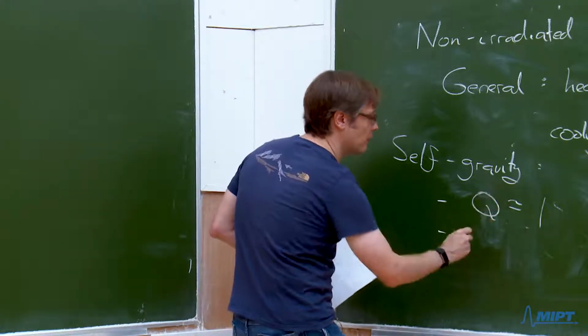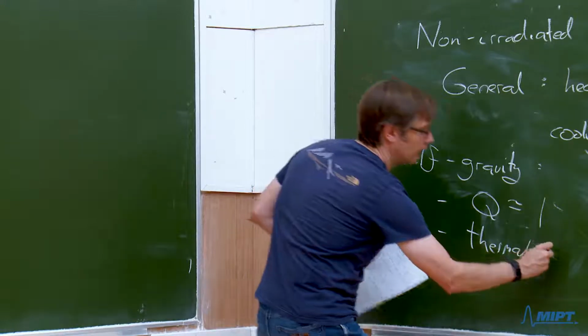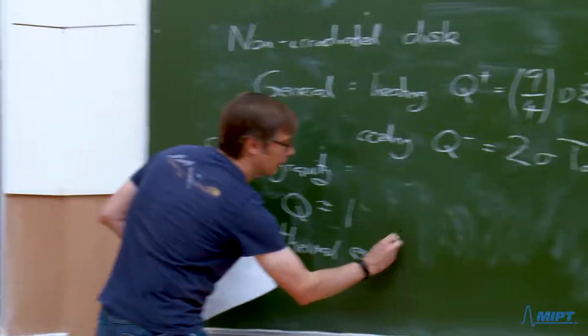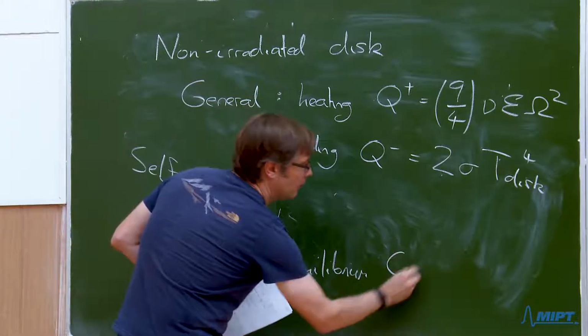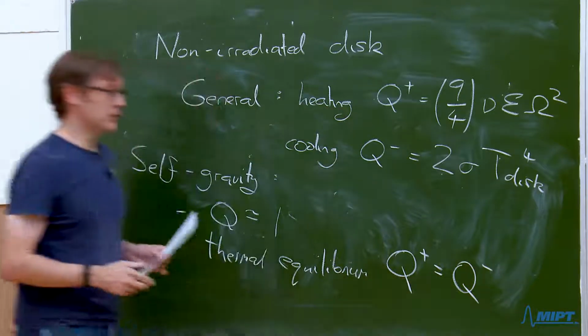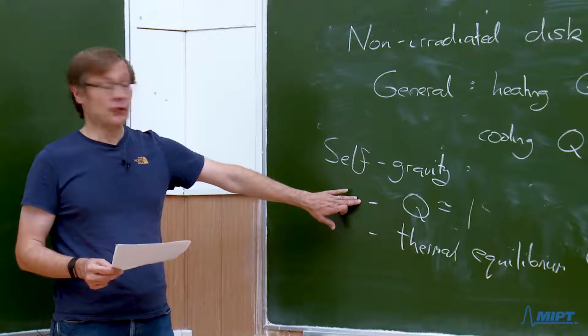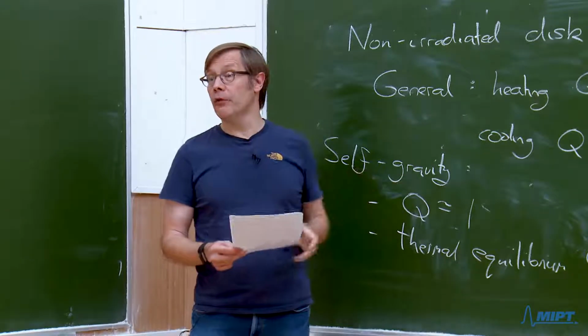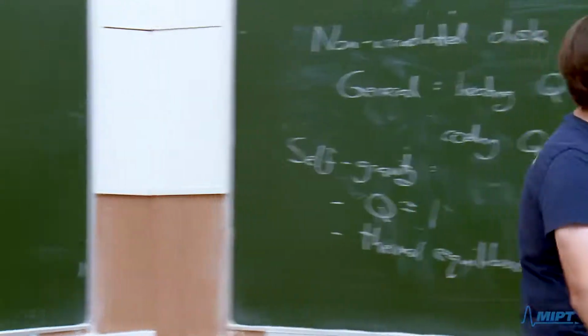And then if we assume that we're in thermal equilibrium, we can make the assumption that Q plus equals Q minus, and then use that definition of Q to actually determine what nu is and how efficiently angular momentum transport will be taking place within the disk.